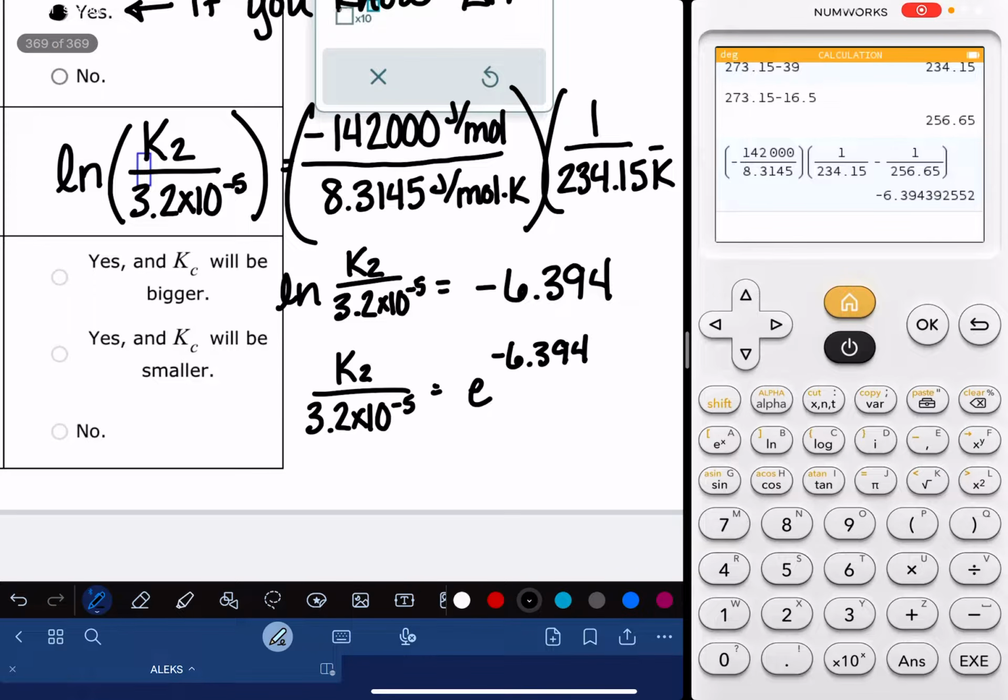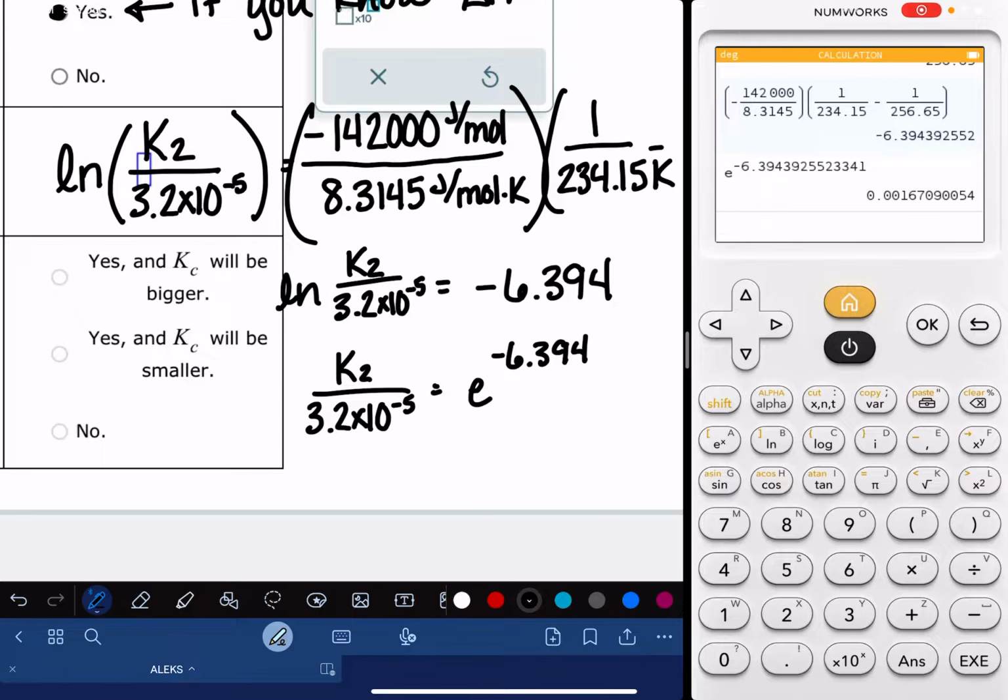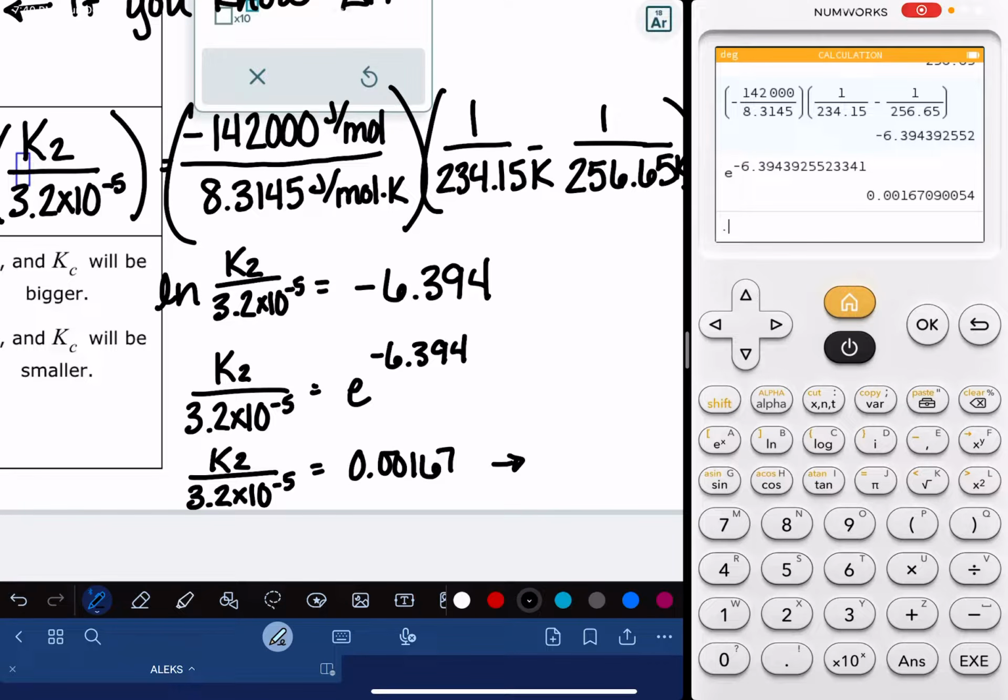I'll do that on my calculator. I get K2 over 3.2 times 10 to the minus 5 equals 0.00167. And then I'm just going to do some algebra to solve for K2.